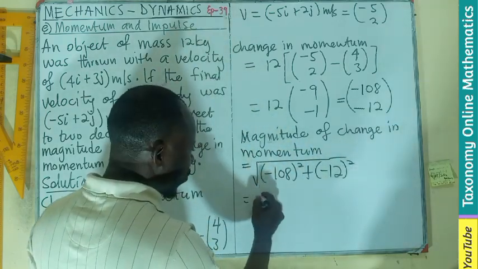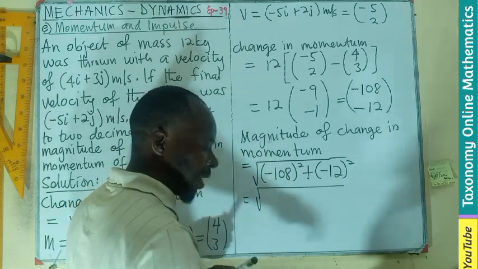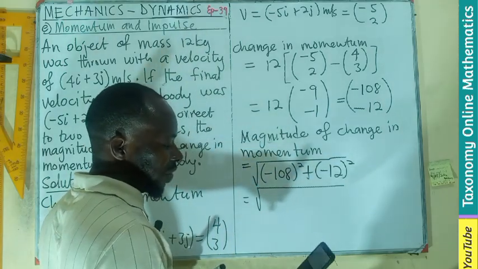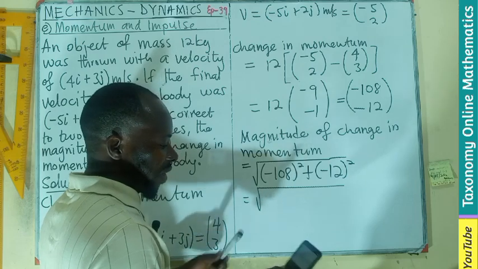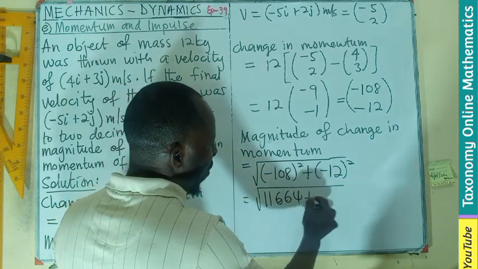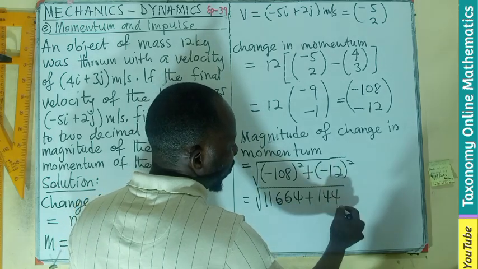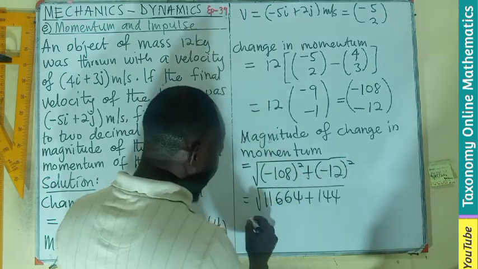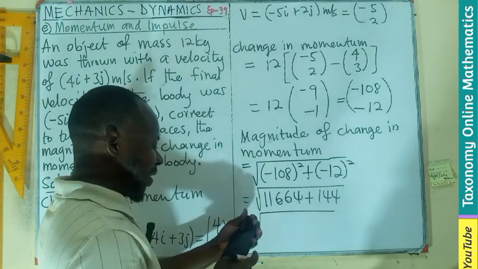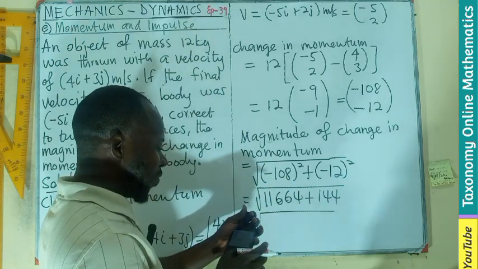Let's put this together in the calculator. Negative times negative is positive, hence 108 times 108 will give you 11664, plus 144.